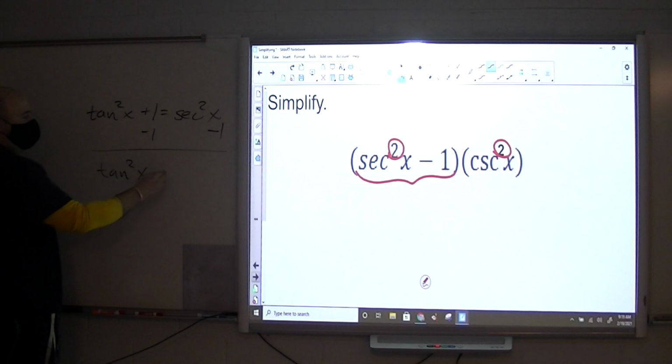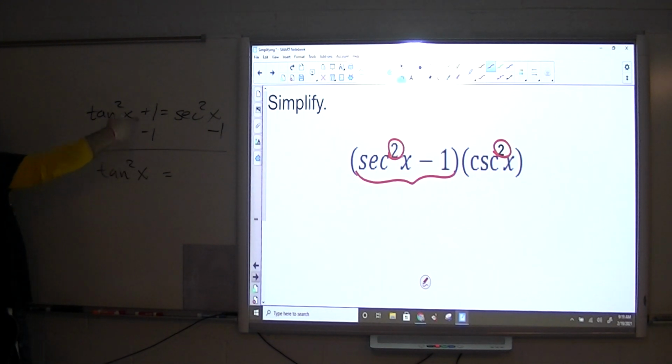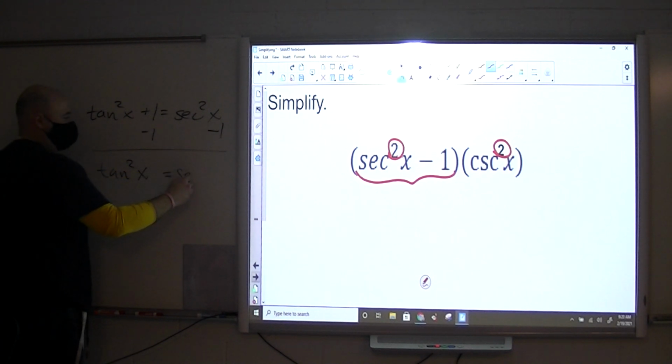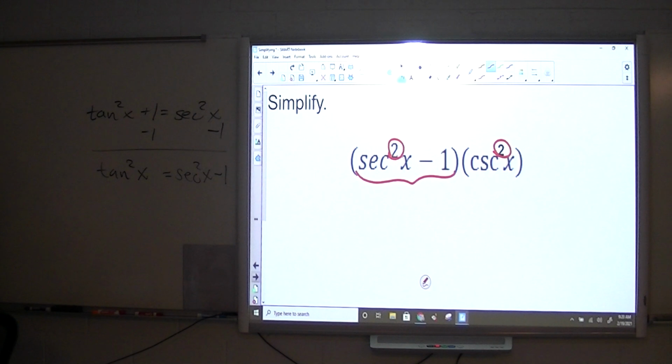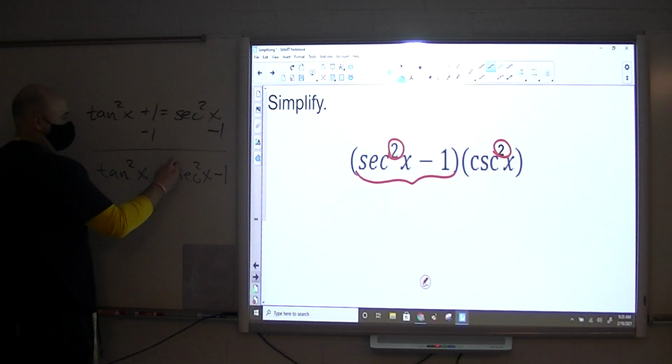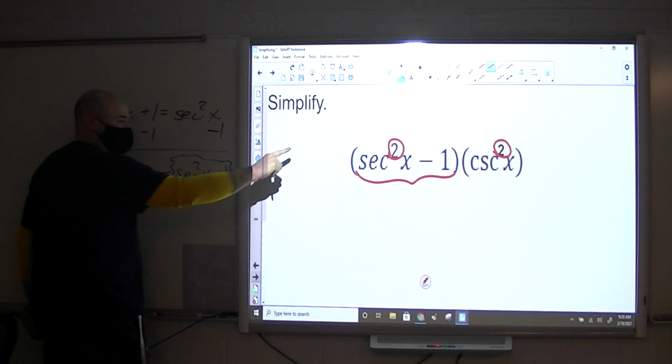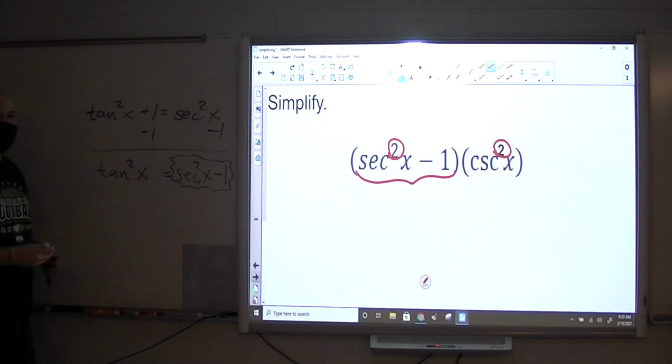So tangent squared x, which is left over here after I get rid of that, is equal to secant squared x minus 1. So here it is. That's that. So I'm going to cut that out, and in its place, I'm going to put this.